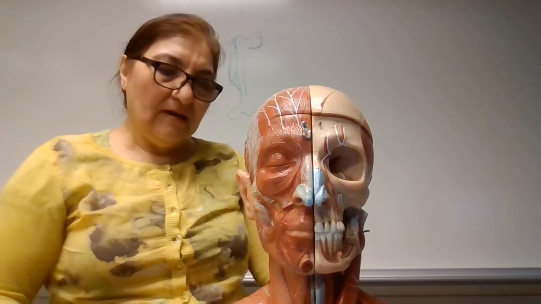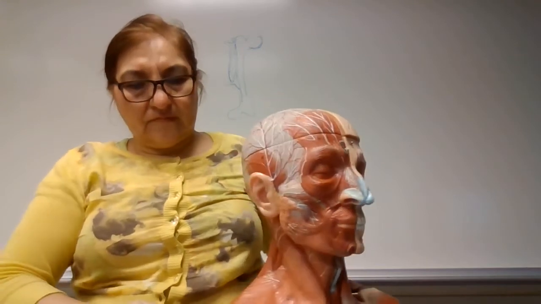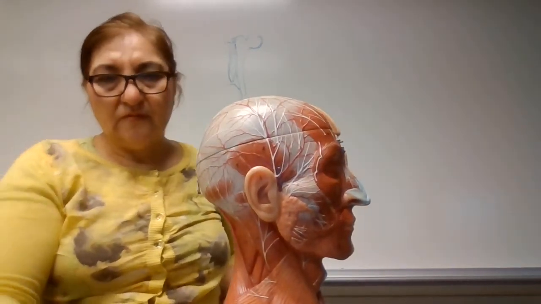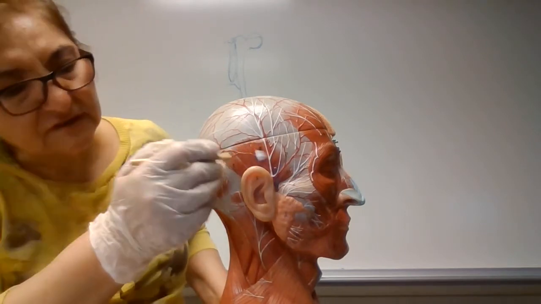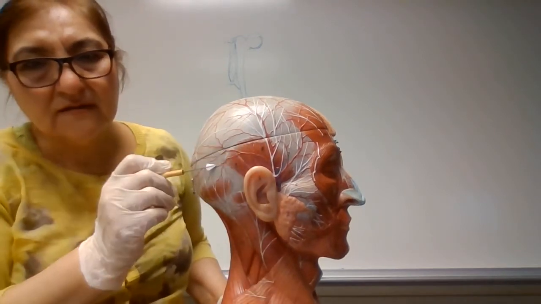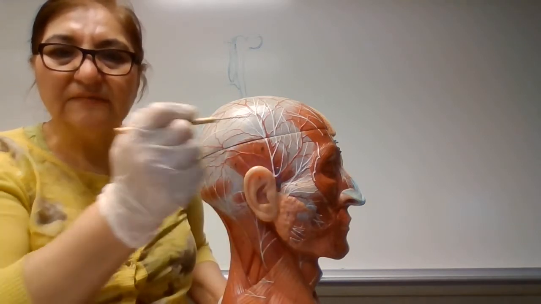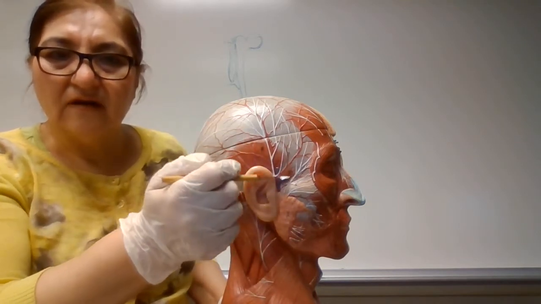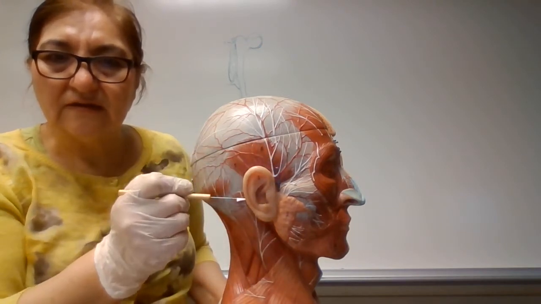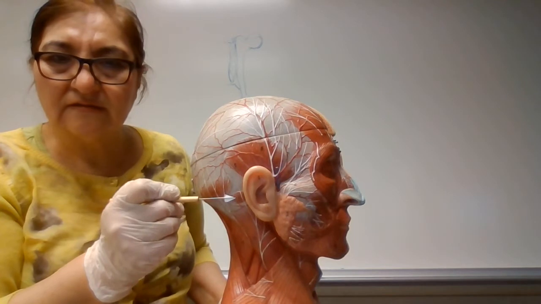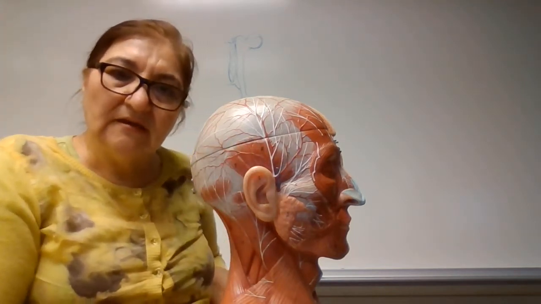Okay, let's talk about the muscles around the ear. There are three. This muscle is more superficial. It's called the auricularis muscle: anterior auricularis, superior auricularis, and posterior auricularis. Why do they call it auricularis?